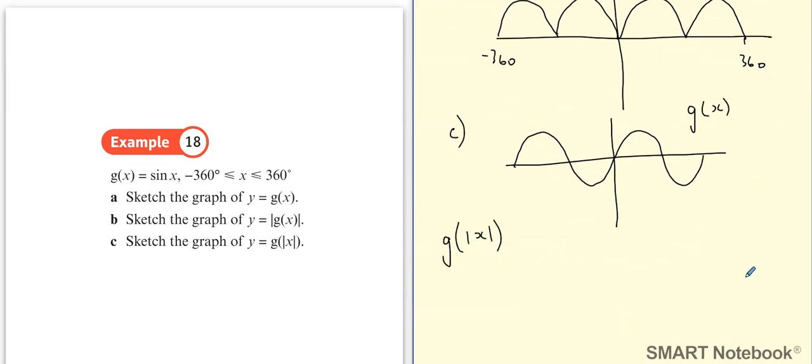What we're going to do here is take all positive x values and reflect in the y-axis and keep it there. Everything that has been shaded in remains there, and it also gets reflected in the y-axis.